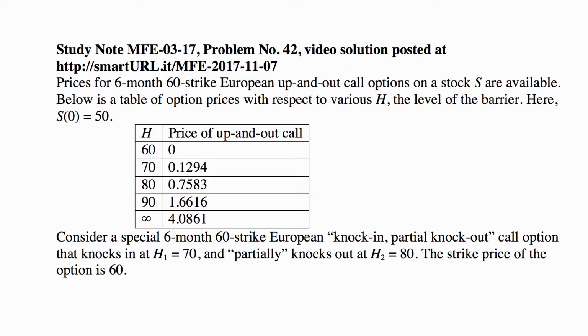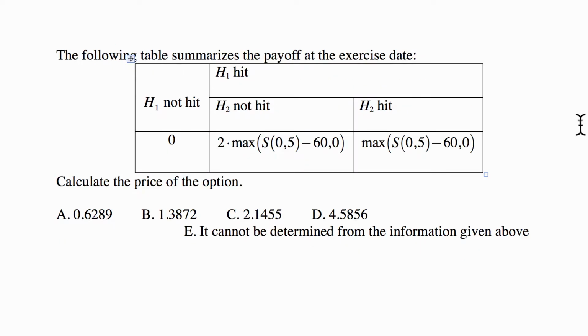Consider a special 6-month 60-strike European knock-in partial knockout call option that knocks in at H1 equal to 70 and partially knocks out at H2 equal to 80. The strike price of the option is 60. And here's a table that tells you how this option works. If the H1 barrier level is not hit, the payoff of the option is 0.